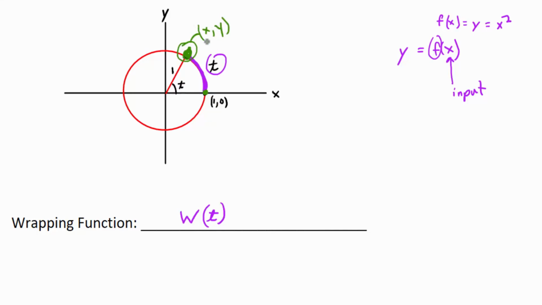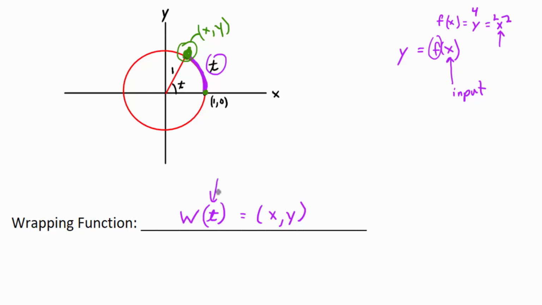So we'll just make it have generic coordinates x, y, because we're in the xy plane. So w of t is equal to an ordered pair. That's different, right? You're used to the output being a single number. You plug in 2 here, you get an output of 4. This is a little different than what you're used to. The input is normal.